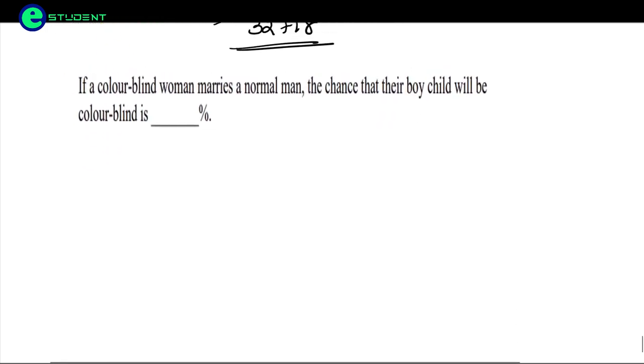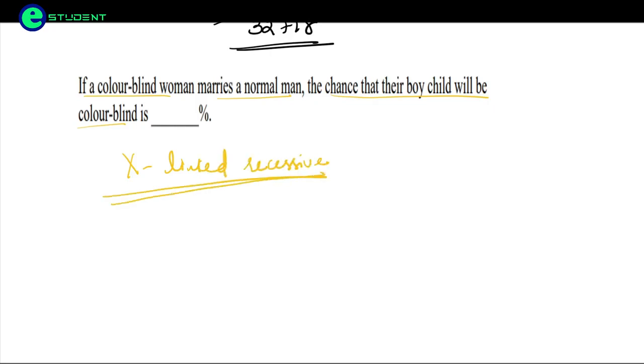The color blind woman marries a normal man. The chance of their boy child being color blind is? So color blindness is an X-linked recessive disorder. Okay, this is the X-linked recessive disorder, and these individuals are going to get affected.